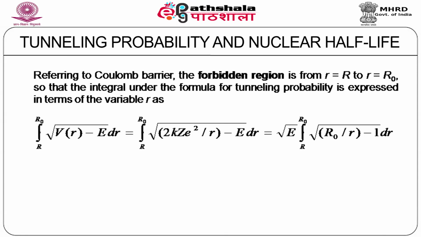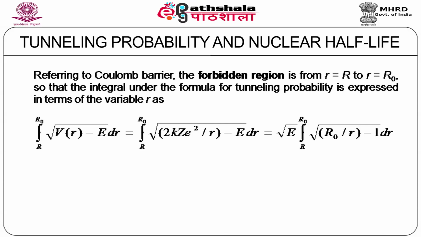That's the integral from r to r0, and the integrand is the square root of V(r) minus E. So this is integrated with respect to r. So this integral is involved. And so our main aim is to manipulate this integral in such a way that we can find its value. So that's exactly what has been done.